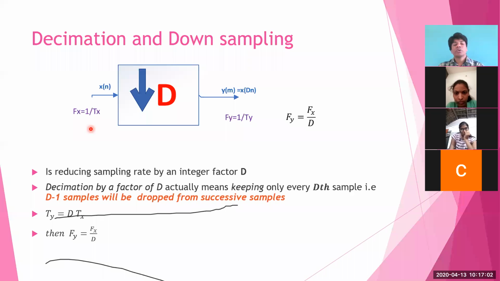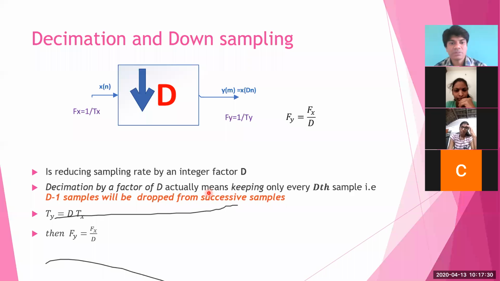Okay, if you look at these bullet points, the first one is very simple. It is reducing the sampling rate by an integer factor, capital D. But this particular point you have to keep in mind. The second bullet point, where I am hovering this laser pointer, says what exactly we mean by decimation in the time domain.